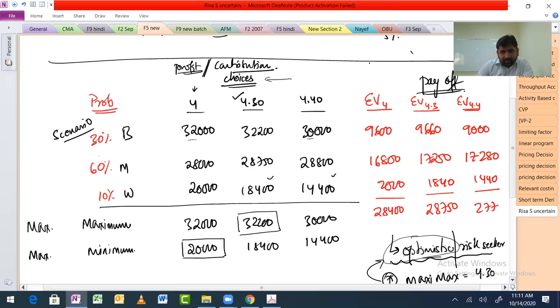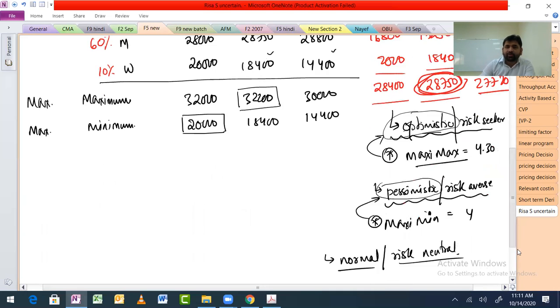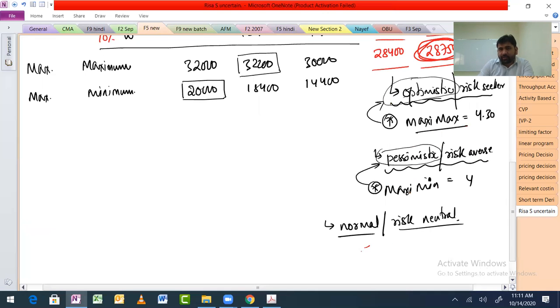Fine. So this one is the best one, right? The highest expected value means we will choose 4.3. So a risk neutral guy will use the expected value method, and he will get 4.3 as the answer.